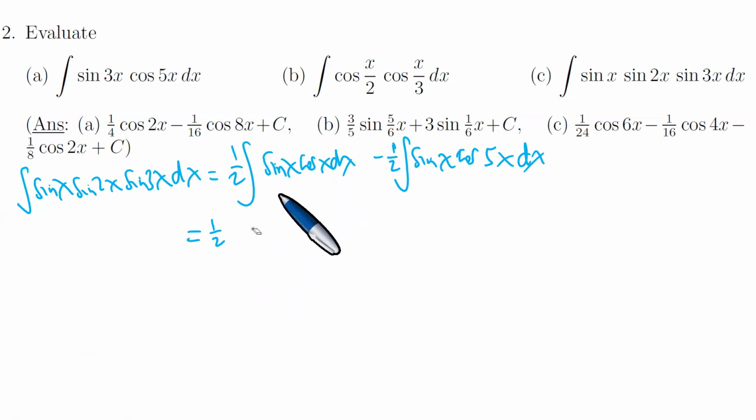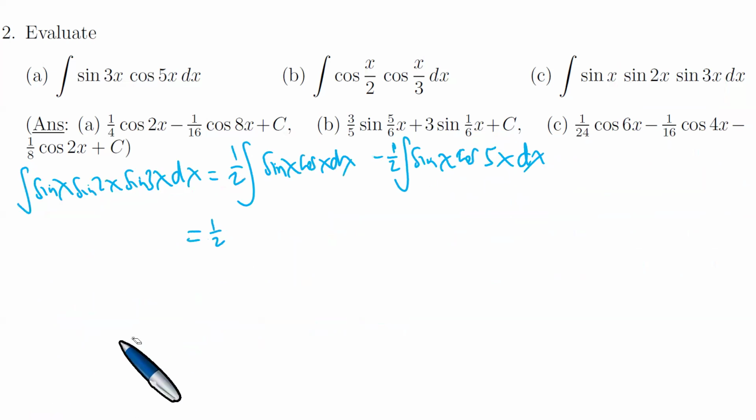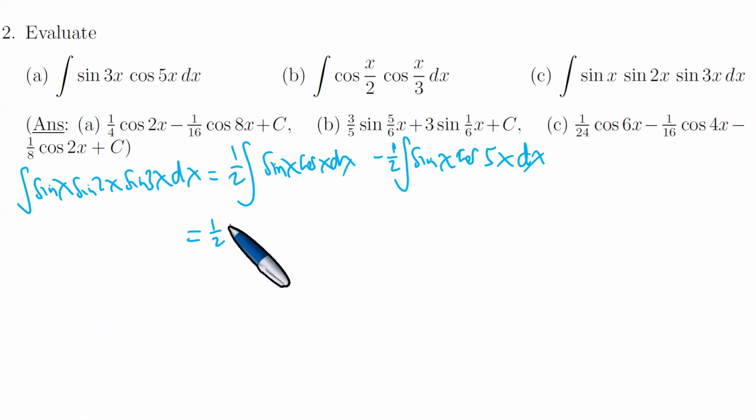You can even let u be sine and then differentiate. Simultaneously, we can use our same formula so that it is 1/2.